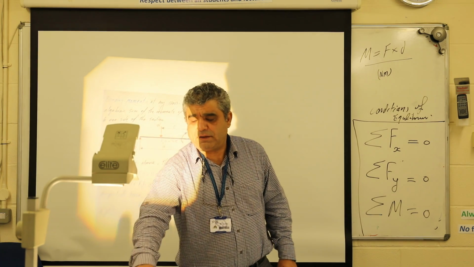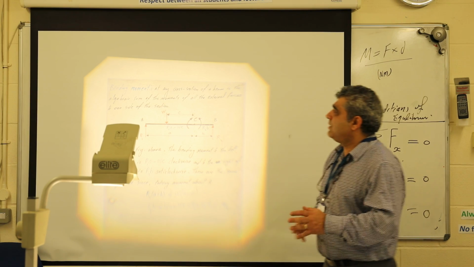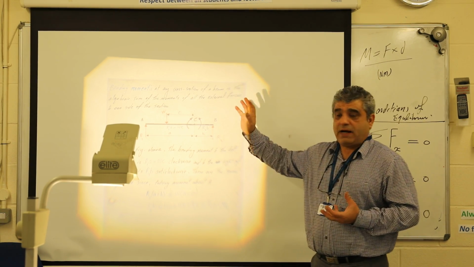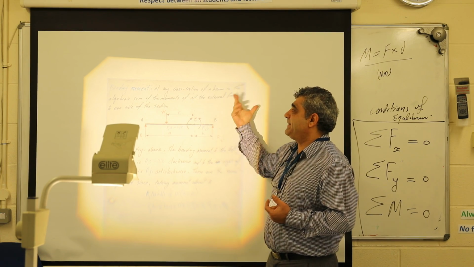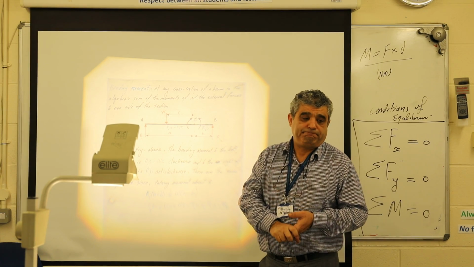There's another extra work here for you. A bending moment at any cross section of the beam, this is important, just memorize that, is the algebraic sum of the moments of all the external forces to one side of the section. Okay?